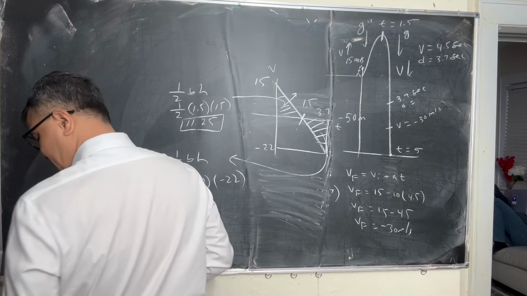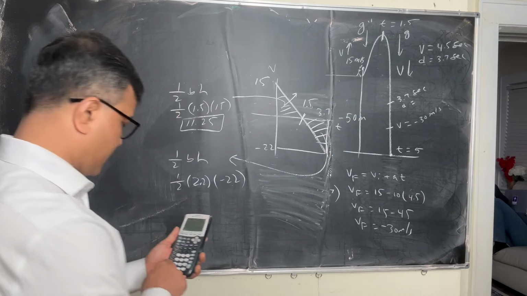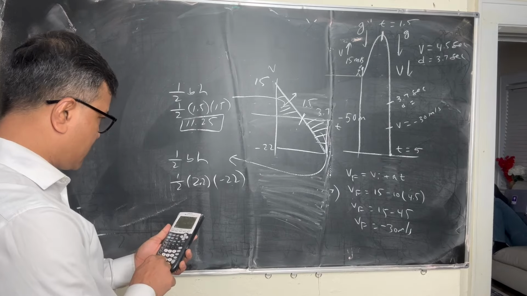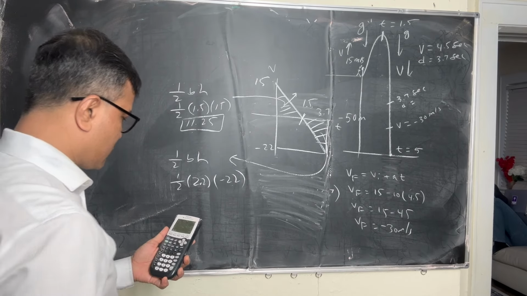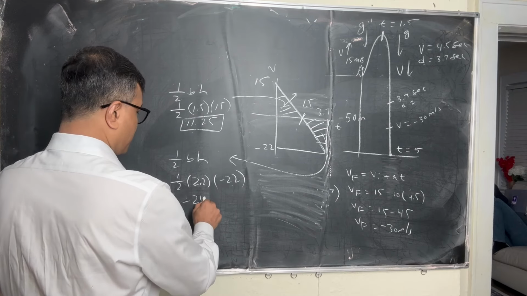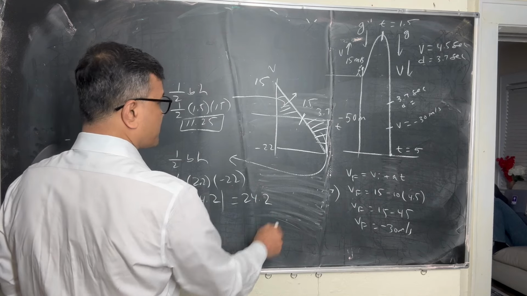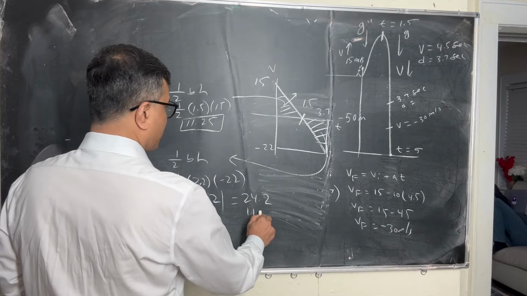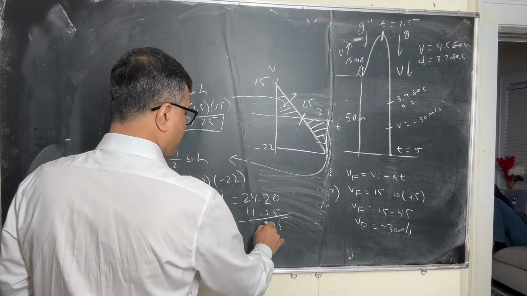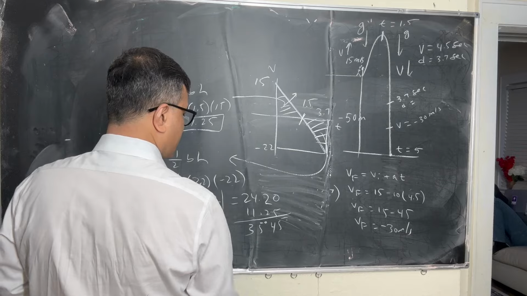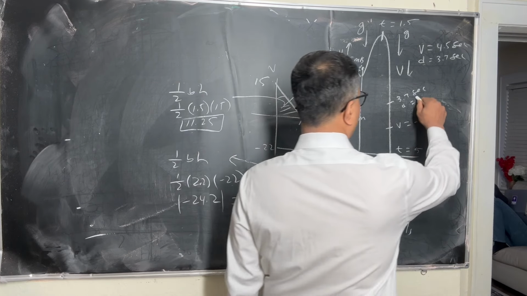So let's see how much. 22 times 2.2 times 0.5 is 24.2. So we want to take the absolute value, so 24.2. We're going to add them up, 11.25 plus 24.2 is 35.45. So 35.45.